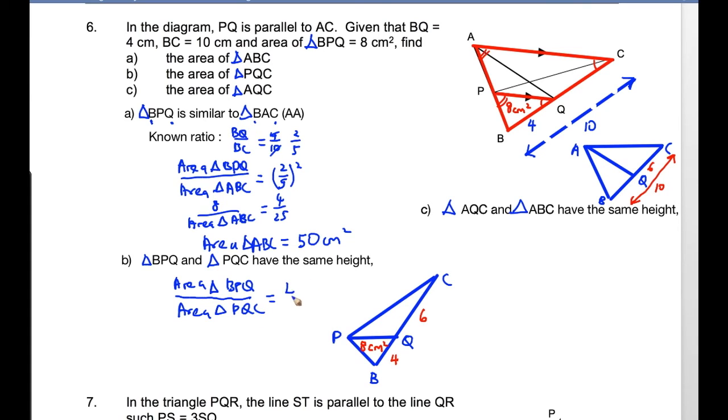That is 4/6. We do not square it because these are not similar triangles. Therefore, 8 over area of triangle PQC is 2/3. And simplifying it, we will have our area of triangle PQC, which is 12 cm squared.